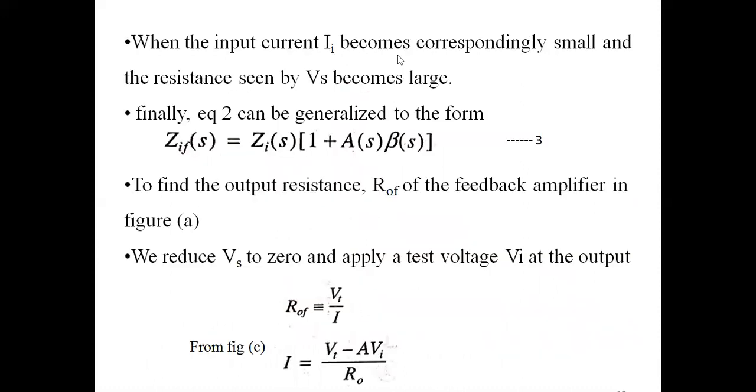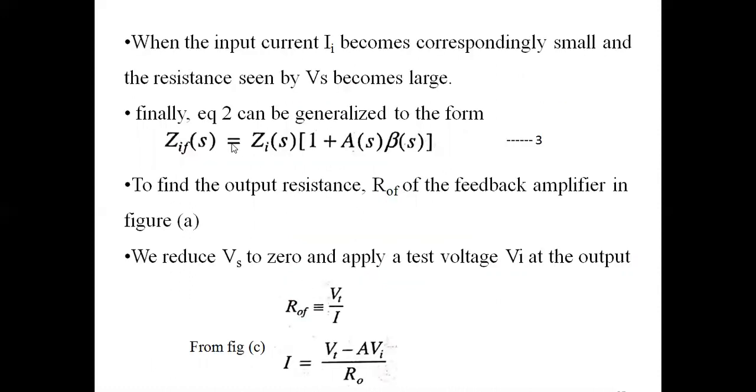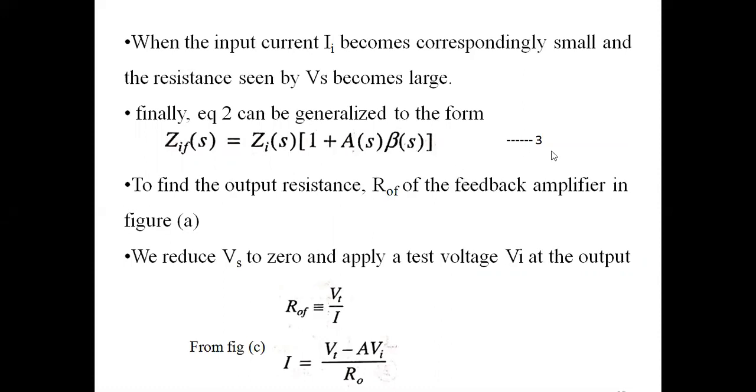When the input current Ii becomes correspondingly small and the resistance becomes large, equation 2 can be generalized in the form of impedance: ZIF of s is equal to Zi of s into 1 plus A of s into beta of s. Call this equation number 3.